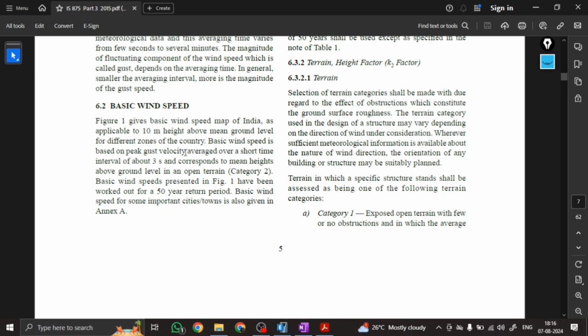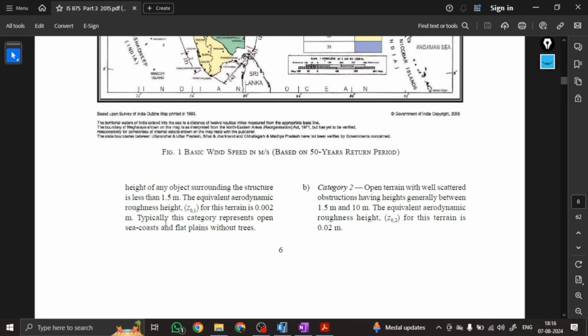Category 2 means open terrain with well scattered obstructions having heights generally between 1.5 meter and 10 meter. This is our category 2.